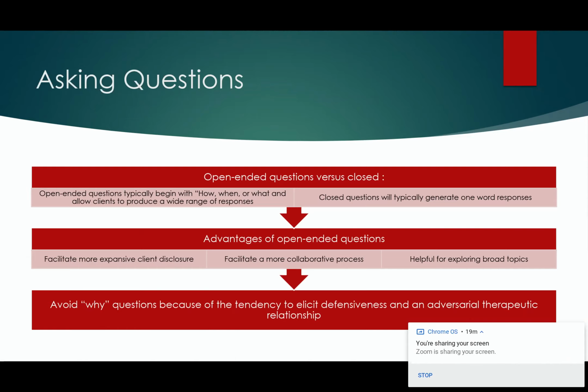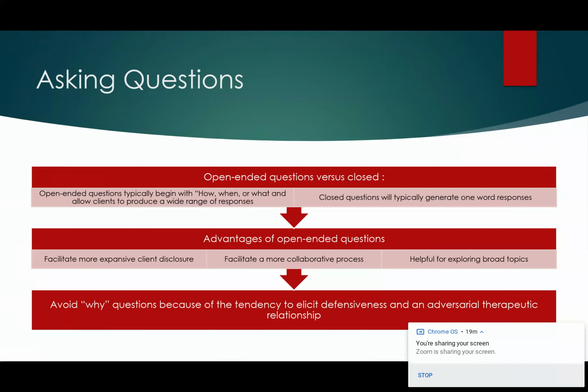Open-ended questions typically begin with how, when, or what. For instance, what happened when your partner said that to you? Or how do you cope with anxiety? Or when was the time in your life that you were the most happy?